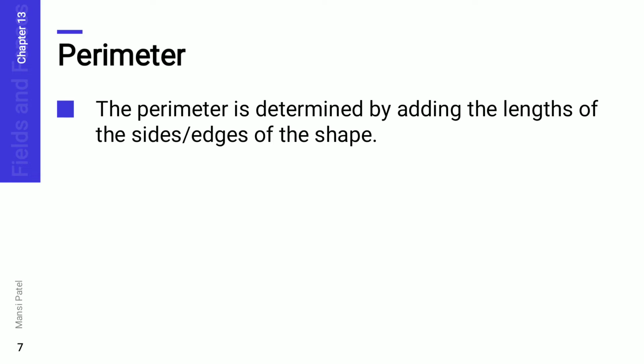Or we can say you have to add all the lengths of the sides or edges that we already studied. What is the meaning of side? What is the meaning of edge? To find the perimeter, you have to just add all the sides.